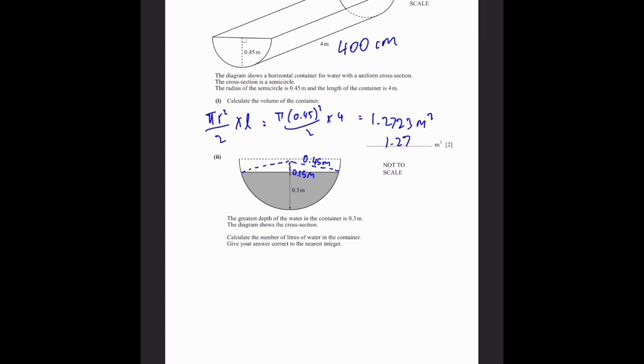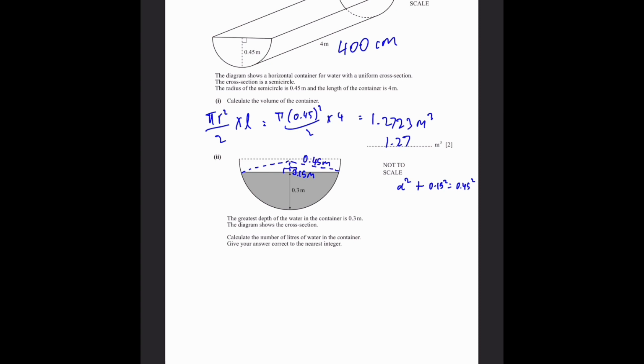So now we know that these 2 triangles are actually right-angled triangles. So that means you can use the Pythagoras theorem to find out the third side over here, which will be the base of the 2 triangles. This is the height. So using the Pythagoras theorem, we can say that the missing side, that will be a squared, and then we add 0.15 squared, we get 0.45 squared.